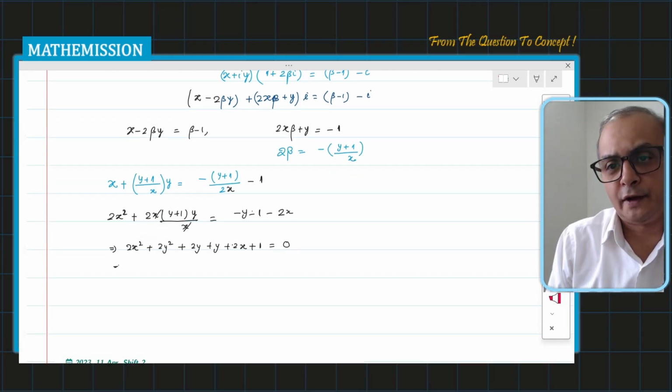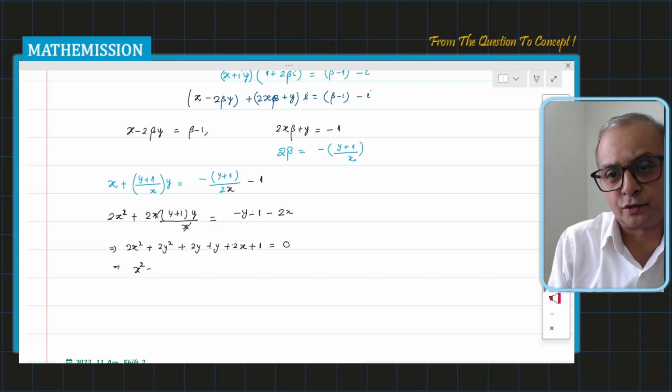So again, if you divide by 2, it will give you x square plus y square, and this 2 will become 3, so 3 by 2 y and plus x and plus 1.